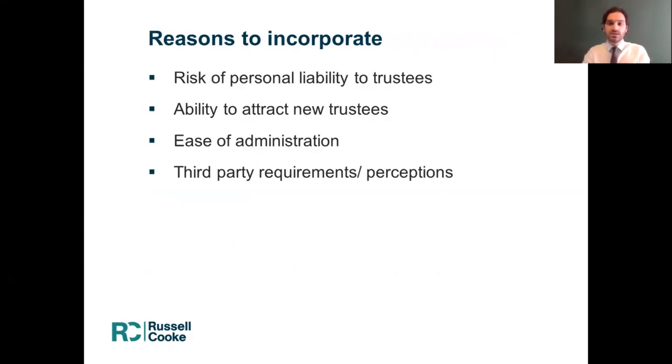So why do charities sometimes want to incorporate, to swap from an unincorporated structure to an incorporated structure? The primary reason that's often cited by charity trustees for going through this process is to help with the risk of personal liability to charity trustees that can arise when you have an unincorporated structure. So an unincorporated charity has what lawyers call no separate legal personality from the individual trustees who run the charity.